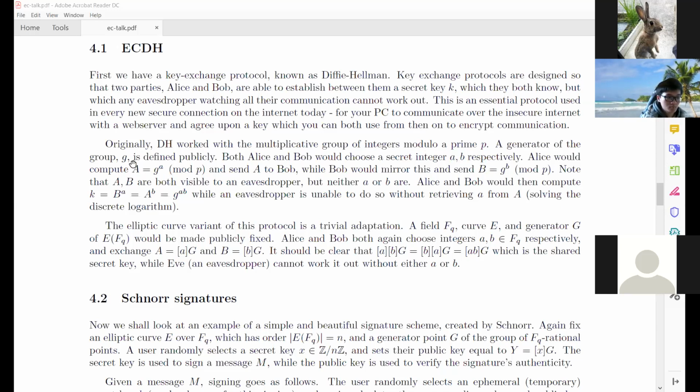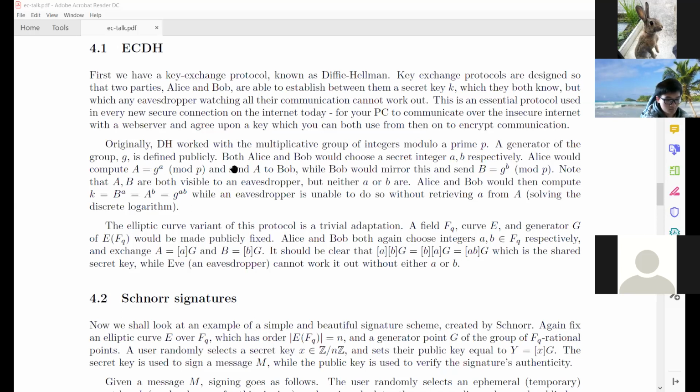And then they would exchange this big A, or the big B. If you see here, this is actually the same as the discrete log problem that we saw earlier, but not on elliptic curves. This is just a general group. Because if you're given big A and you know the little g, the generator, because that's public, and you know p because that's the group, how can you find the little a? You're taking the log of big A with base g to get a.